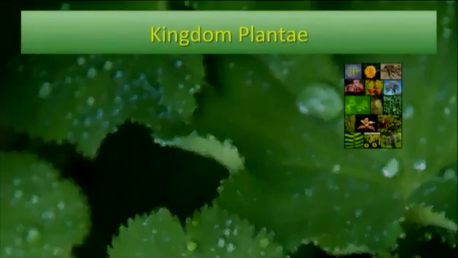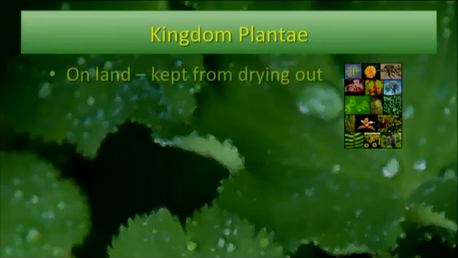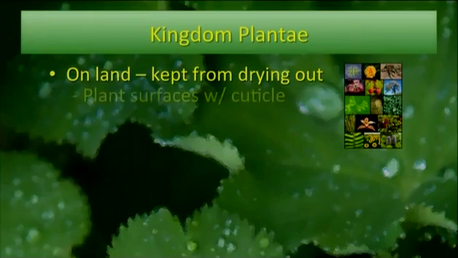Now we're leaving the kingdom Fungi and entering the kingdom Plantae. Remember, plants are descended from green algae, like Coleochaete. On land, they're kept from drying out by plant surfaces coated with cuticle, that waxy substance made of cutin.